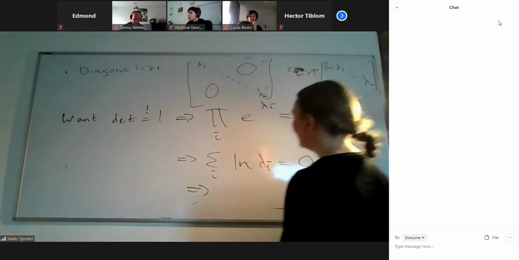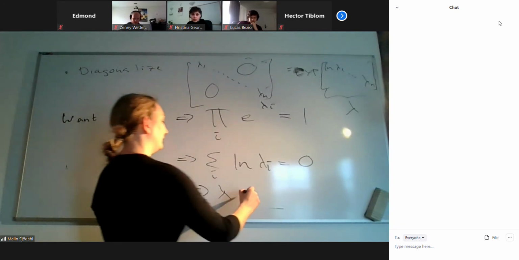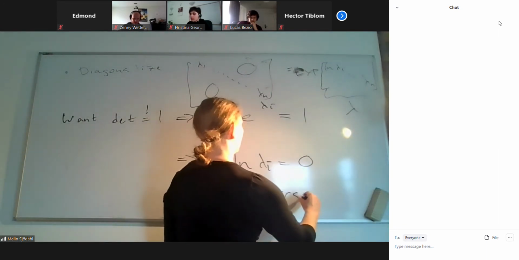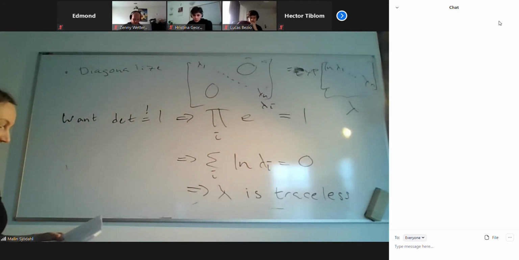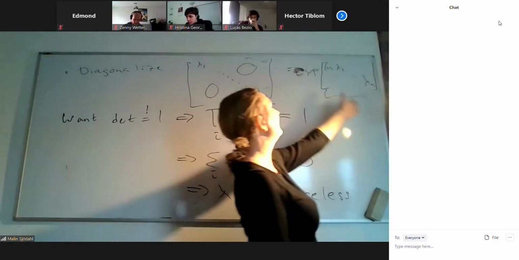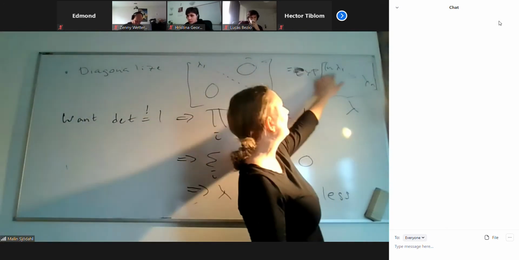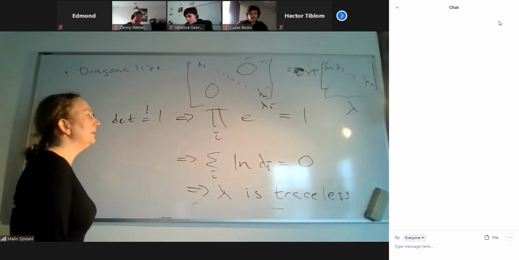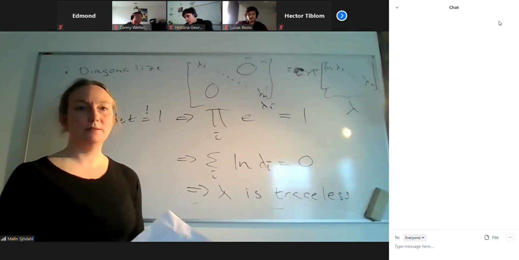Call it lambda without an index. So lambda is traceless, because the sum of the diagonal elements must be 0. So any questions to that?